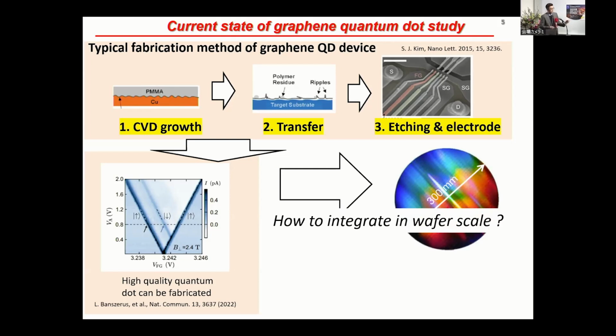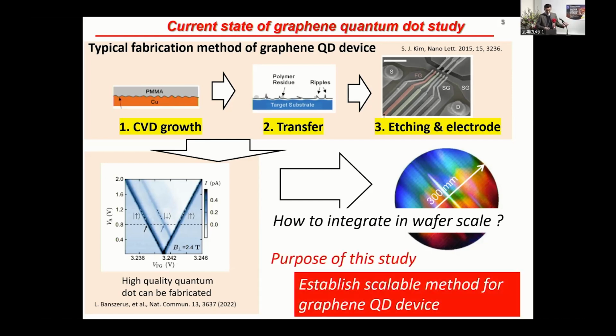So much contamination can be introduced during the transfer technique. That's why we think that this process itself is not strictly applicable for future practical, industrial applications. So the purpose of this study is to establish a scalable method for graphene quantum dot devices.